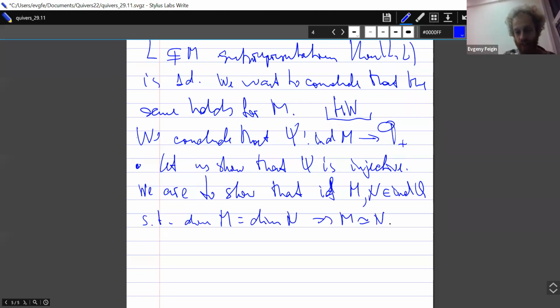So the claim is that for a Dynkin quiver, two different indecomposable representations cannot have equal dimensions.